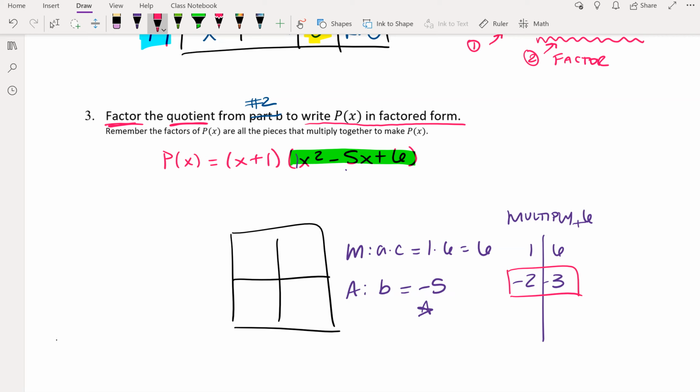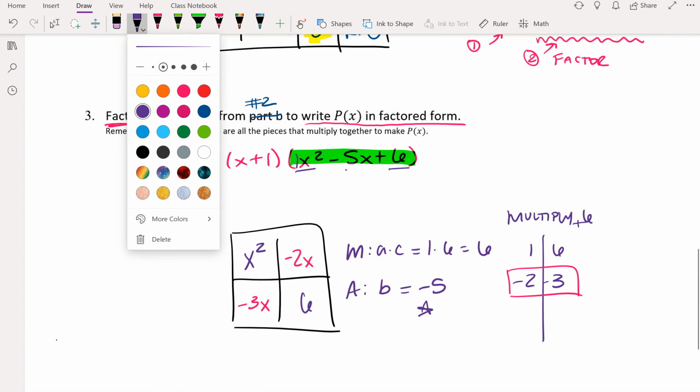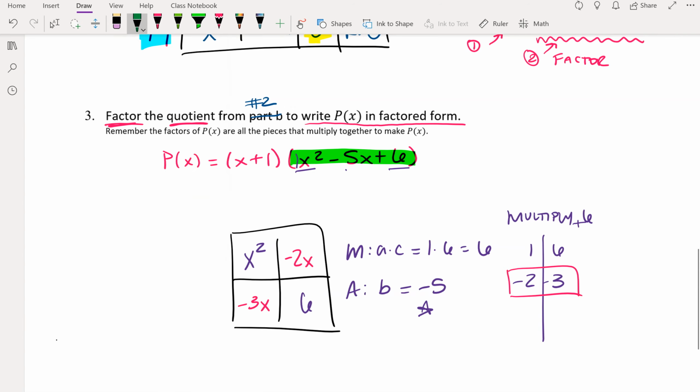Okay, so inside our box, let's go ahead and put x squared, first term, 6, last term, and then the two things that we get that multiply, -2x, -3x. I put x's on them. Pull out a GCF. So we have the GCF on this line is x. The GCF on this line is 3. The GCF in this line is x.